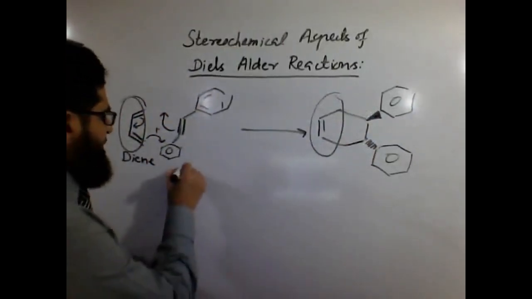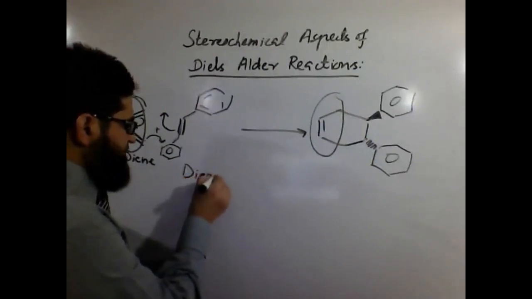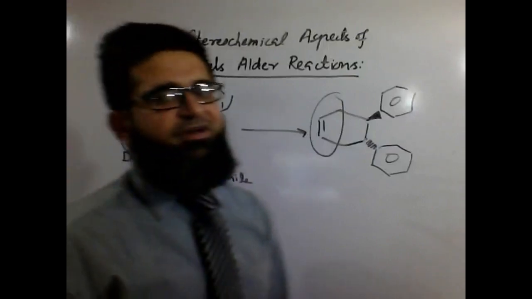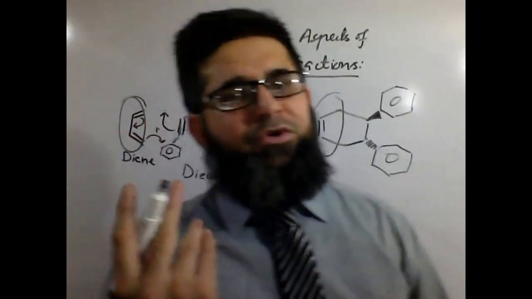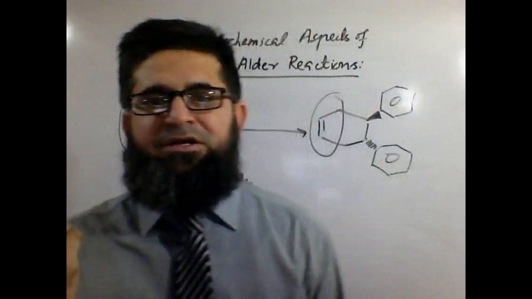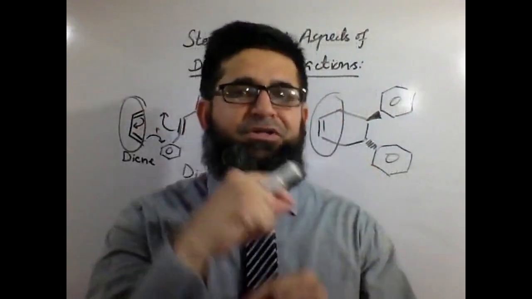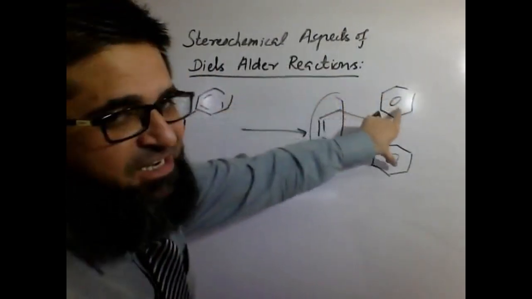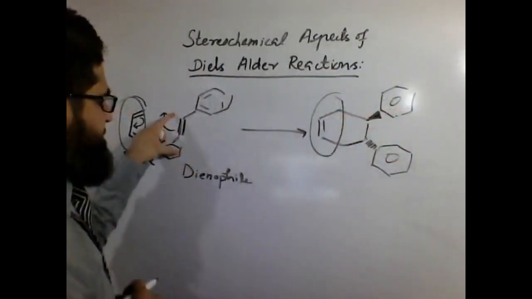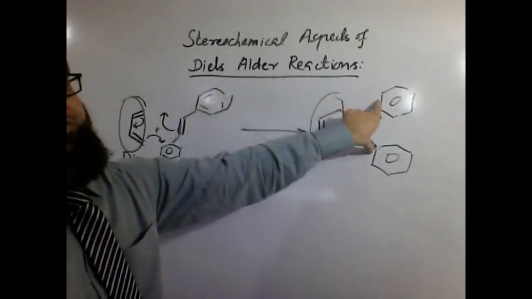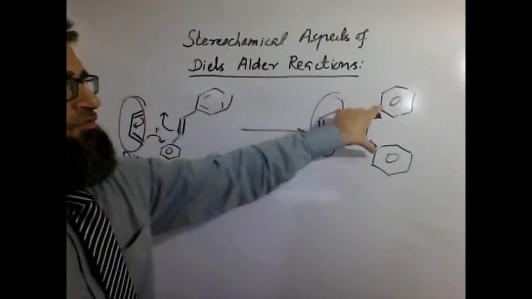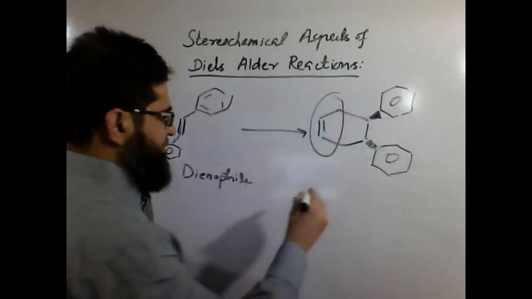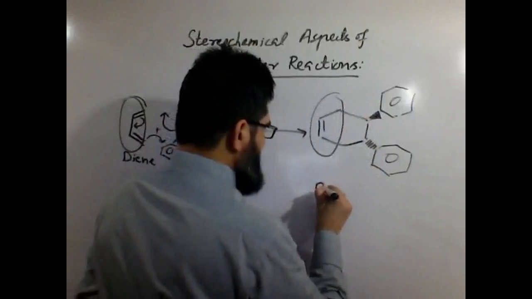At the moment I'm trying to convey the effects of the stereoisomerism of the dienophile. It can be only two forms, either cis or trans. Whatever the original stereochemistry of the dienophile is, it will be retained. Cis will remain cis, trans will remain trans around these two carbons. No change in stereochemistry of the dienophile.